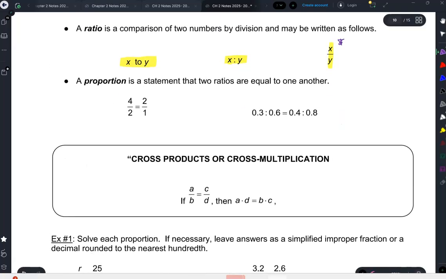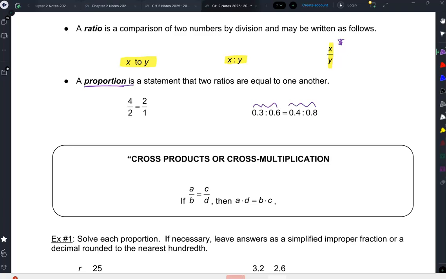Now, if you take two ratios that are equivalent and you set them equal to each other, that becomes a proportion. So look at this one. If you have a ratio here, 4 to 2, that's the same as 2 to 1. I can set them equal to each other and it becomes a proportion. This one here, 0.3 to 0.6, is the same as 0.4 to 0.8, right?